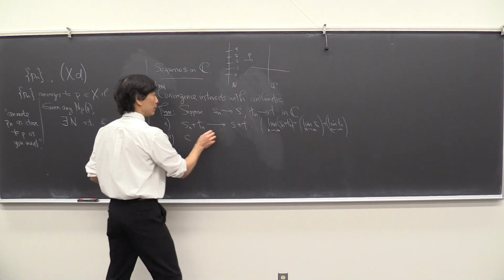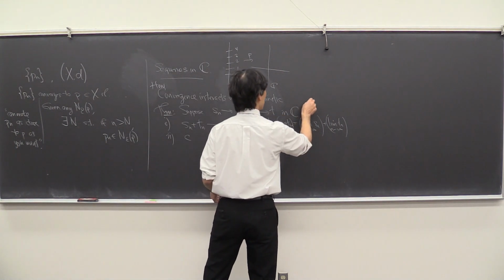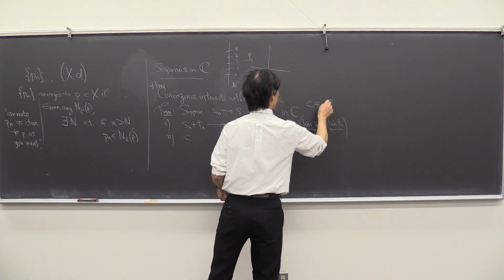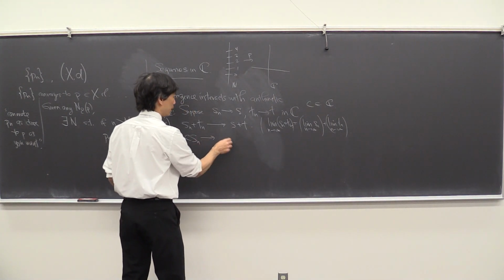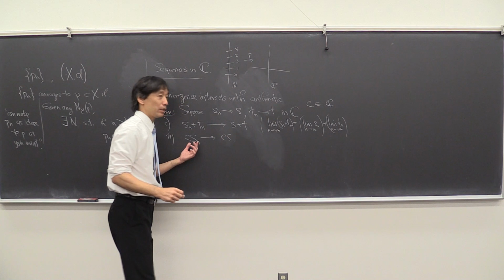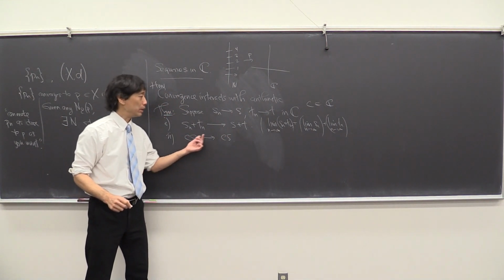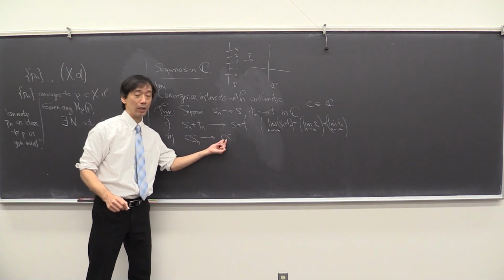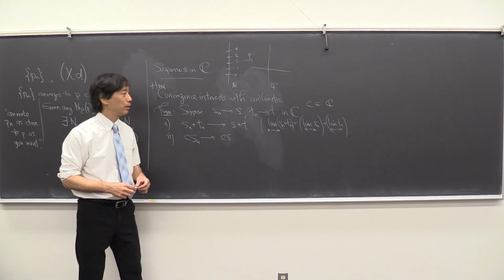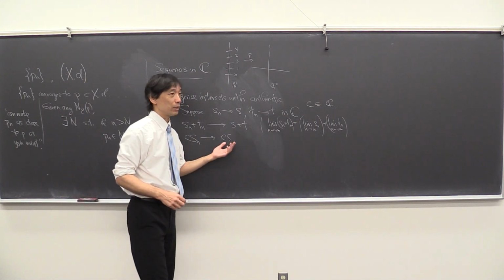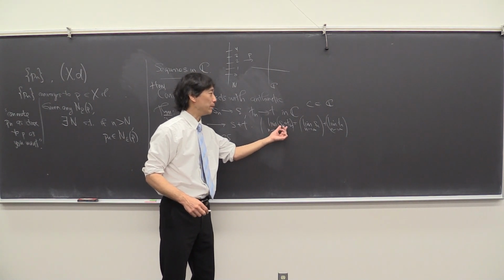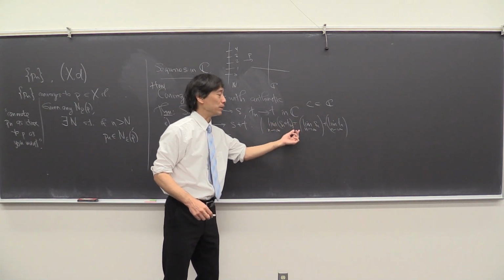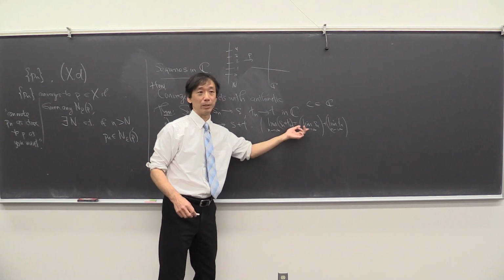The second one says that if you have a constant in C and you multiply a sequence by it, then that converges to the constant times the limit. Again, this is a commutation statement: the limit of the scaled sequence equals the scaling of the limit.